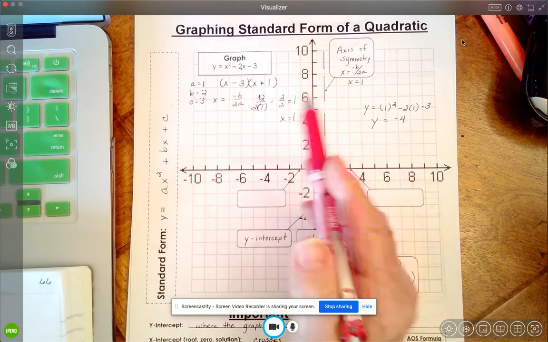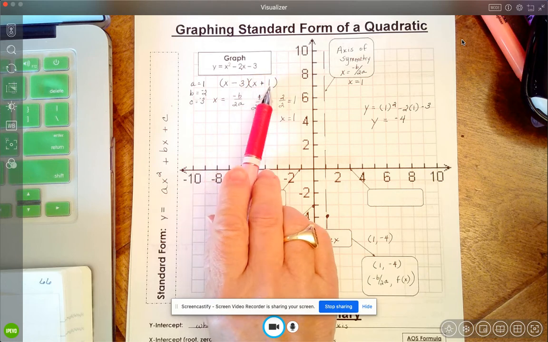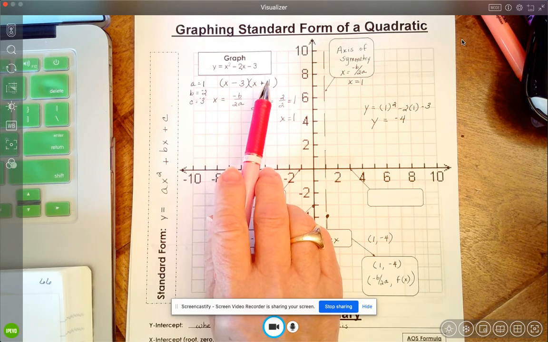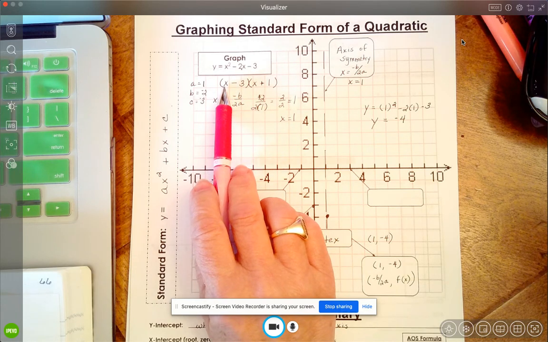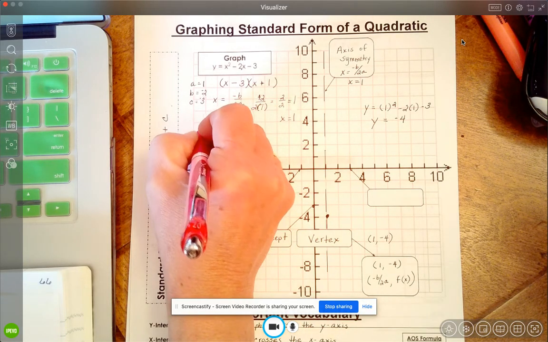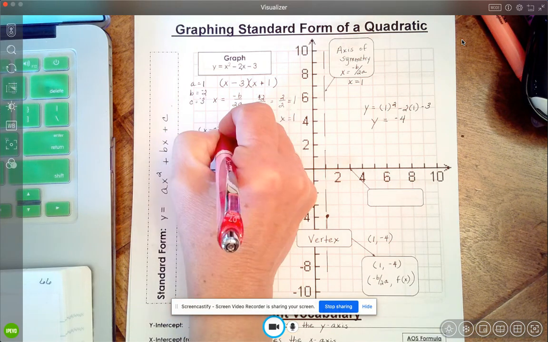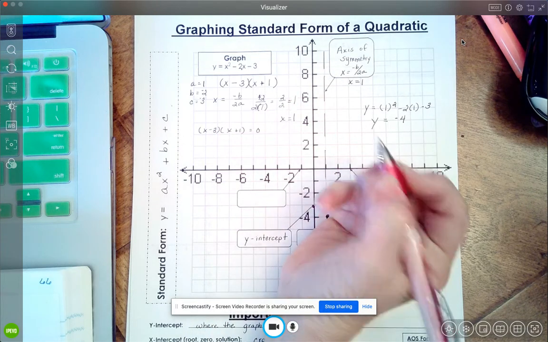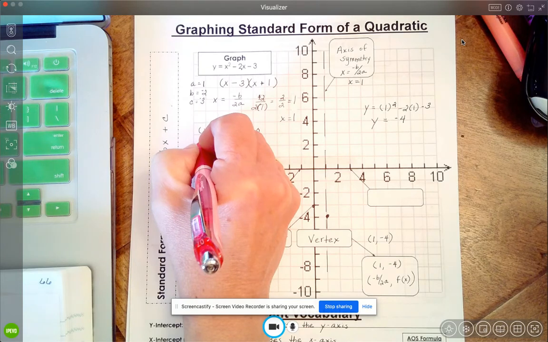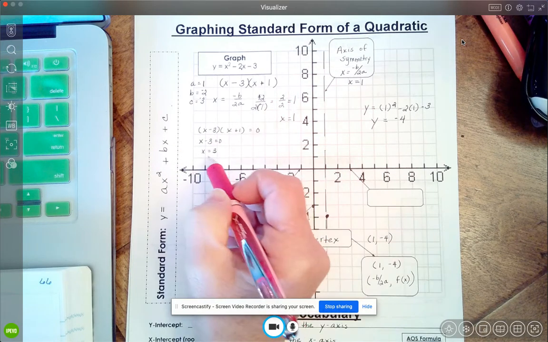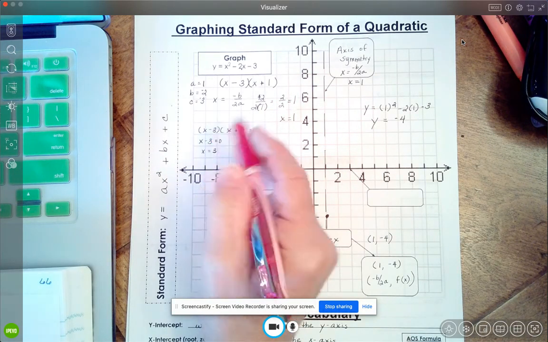Then I can look up here. Remember how we factored, and I was going to show you what these were? These are called the roots, the solutions. These are also called where they cross the x-axis. What value of x would make this 0? I have x minus 3 and an x plus 1. If I put in positive 3, that would make this whole thing 0.